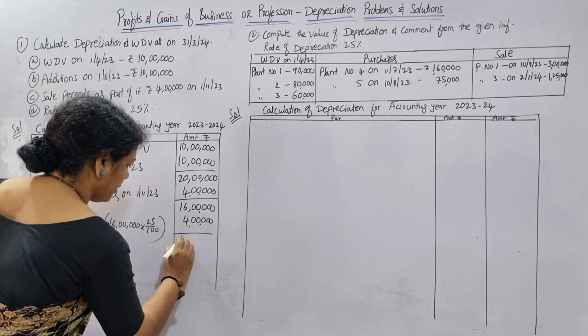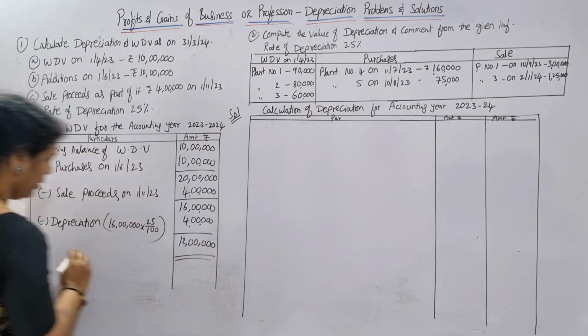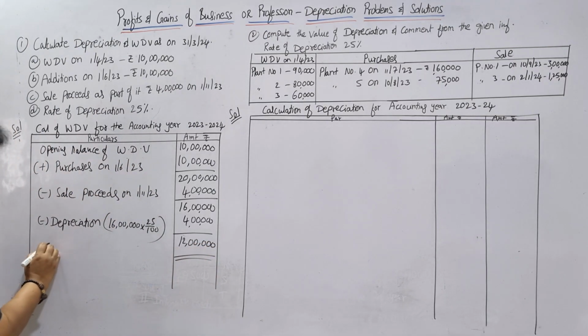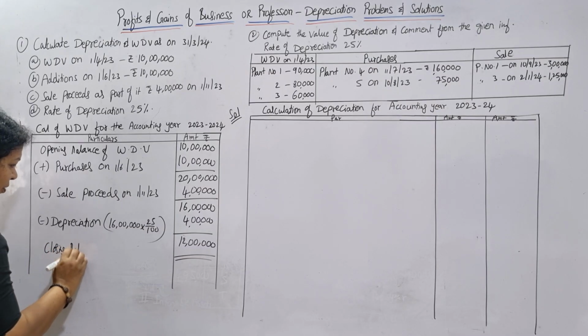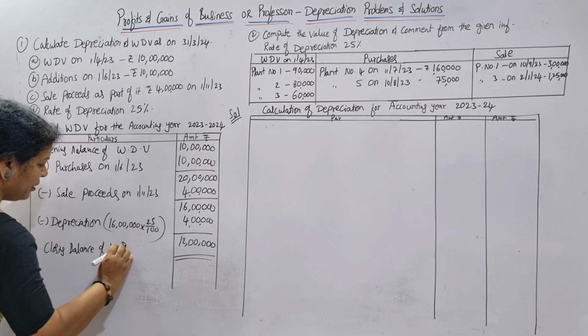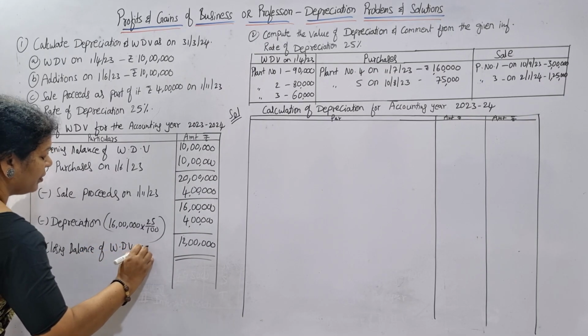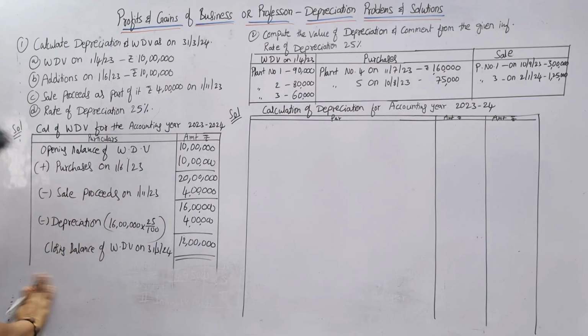If you deduct it, you are getting 12 lakh. 12 lakh is the final closing value of the WDV. Closing balance of WDV on 31st March 24. That's all. Let me explain it very clearly.